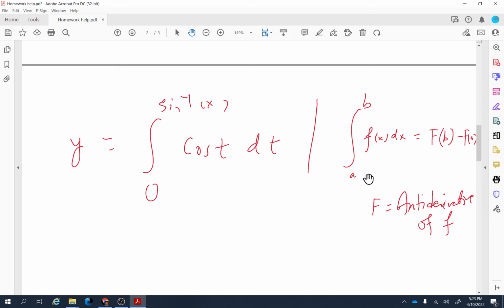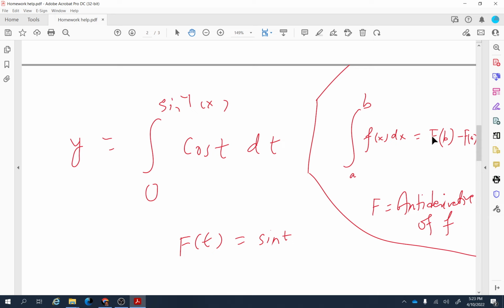So to use this theorem here, first find the antiderivative of cosine t. The antiderivative of cosine t is sine t, because the derivative of sine t is cosine t. Antiderivative means opposite.